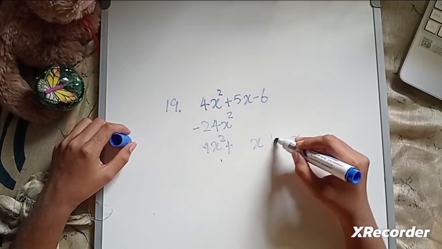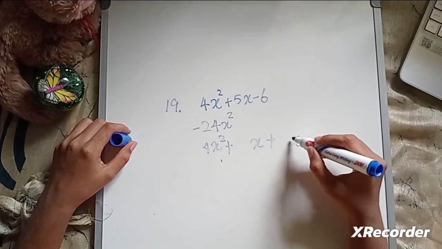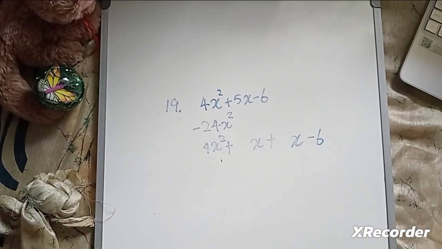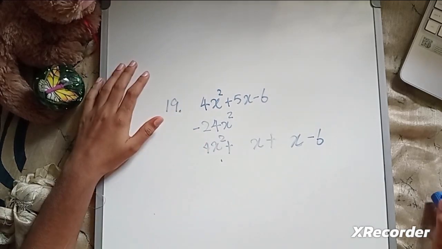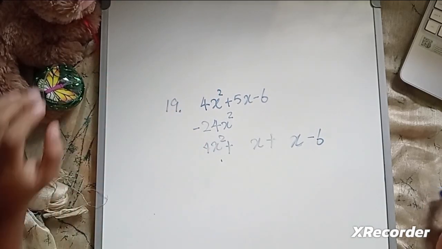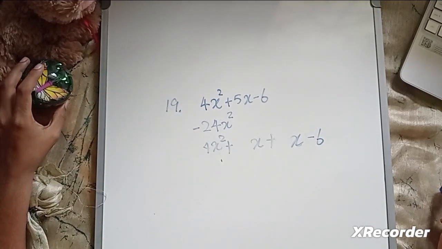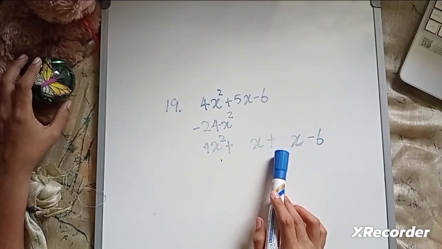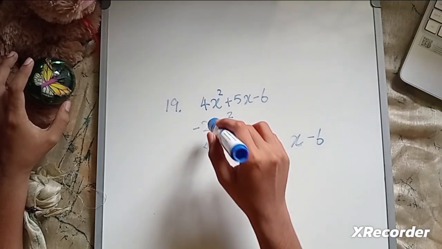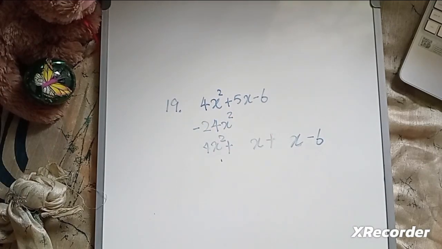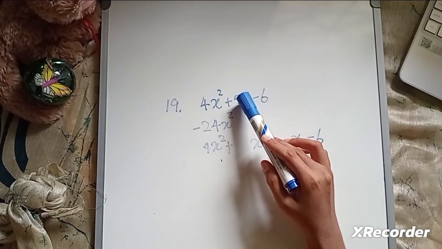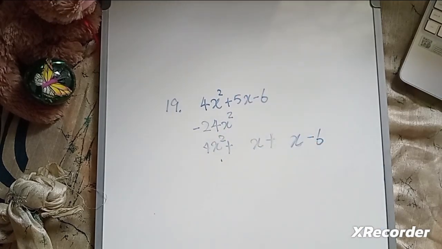We have to write 2 x terms with the value of multiplying these 2. We want to get minus 24x squared. By adding these two values, we want to get 5x.